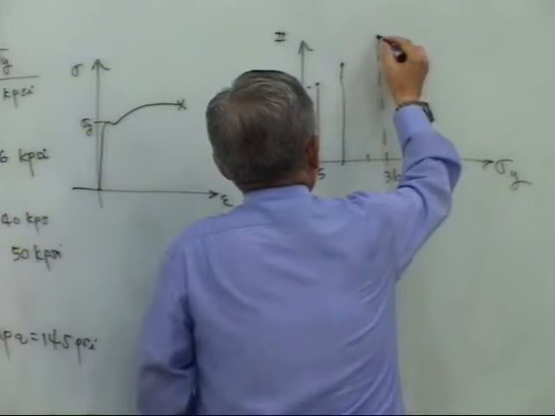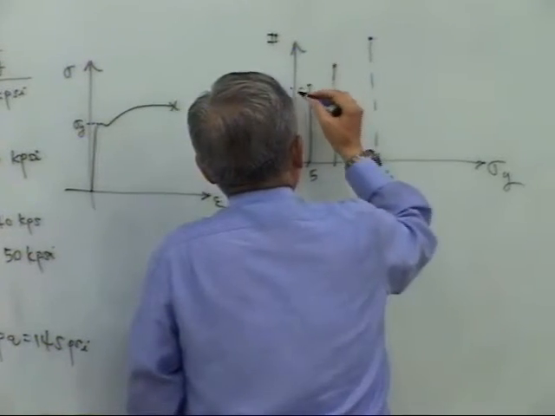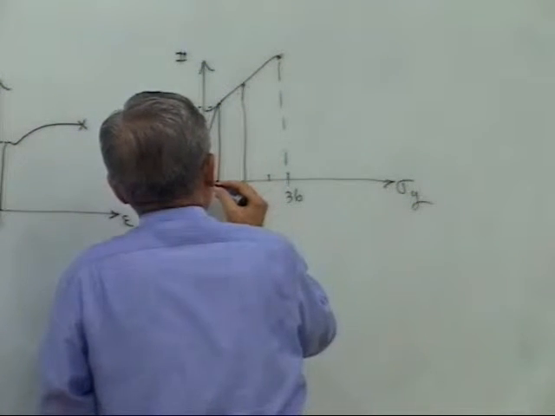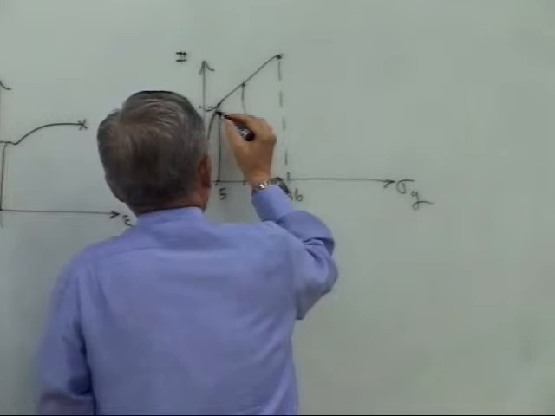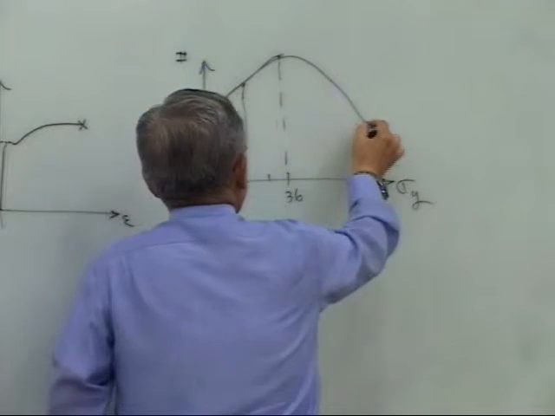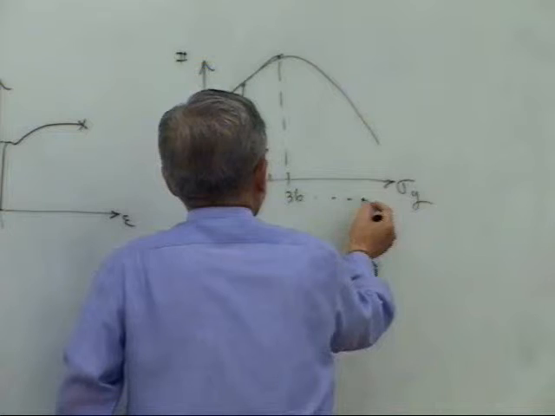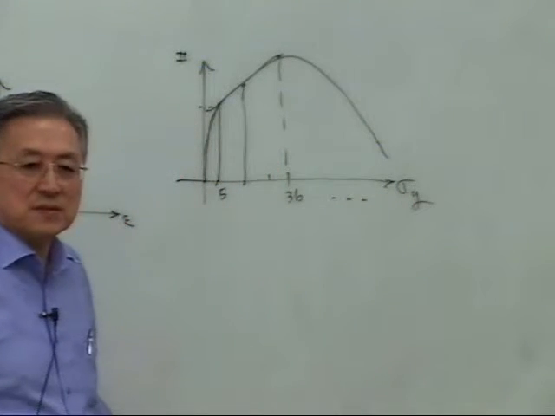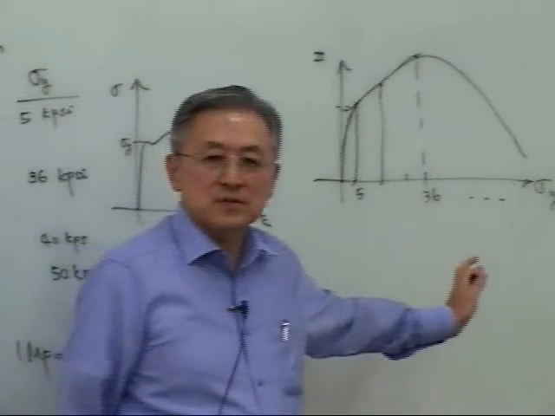kpsi is 30 here. This is number of specimens. Then you can connect it. Of course, if it's 0, nothing. So it's going to go something like this. As this number goes higher, there are fewer specimens. What do you call this?